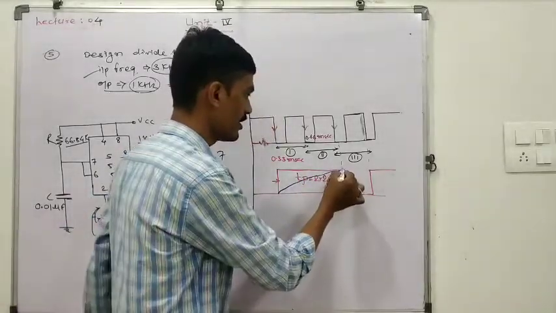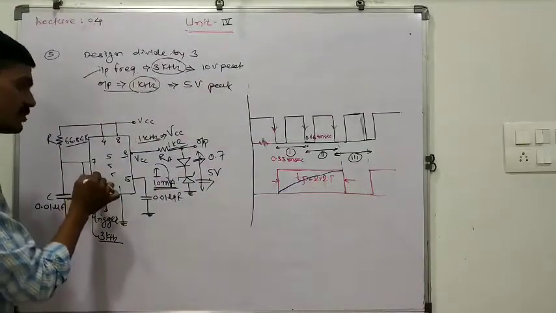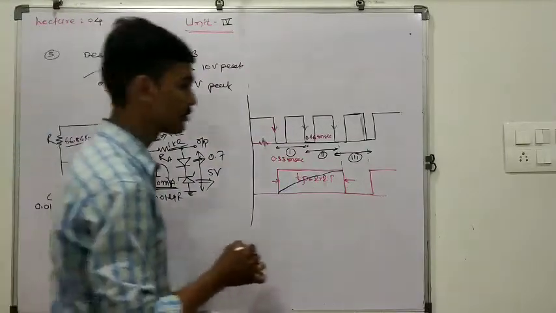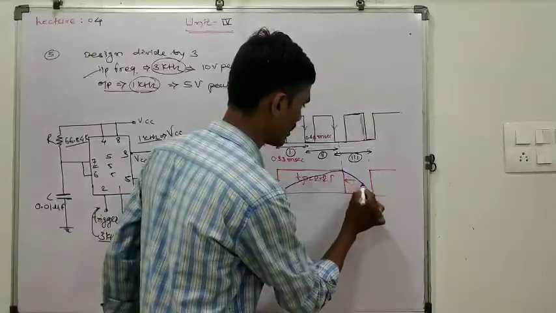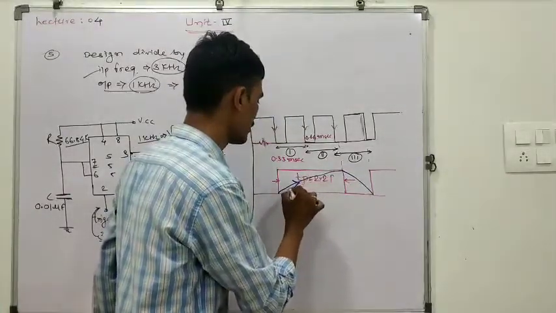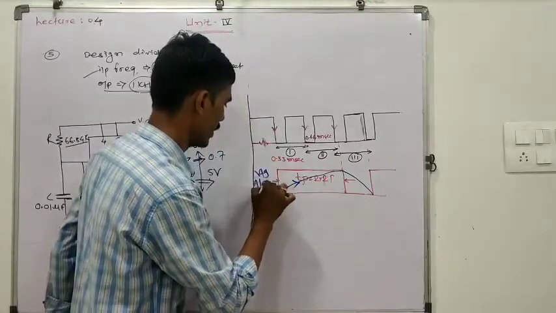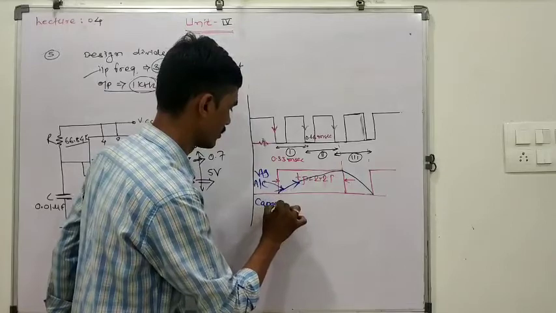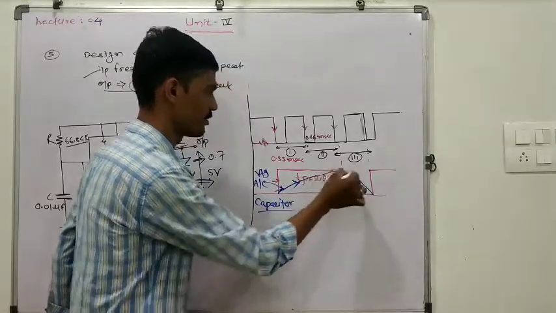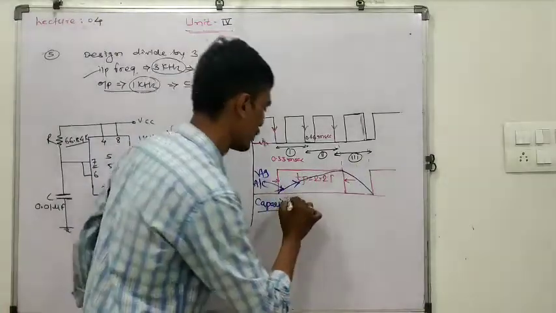And at this point, all of a sudden, it will start discharging through pin number 7, that is through the transistor. So this is the voltage across the capacitor. It is not necessary to draw the voltage across the capacitor. We have to just draw the input and output waveform.